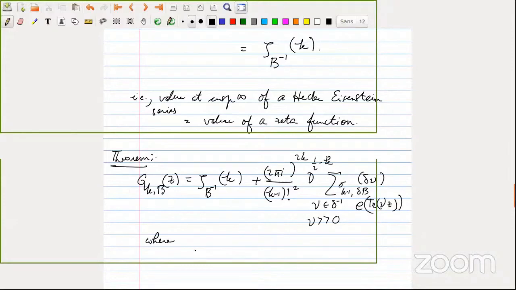Where this sigma, I want to use some notation here, sigma_u of an ideal A. What should I use here?